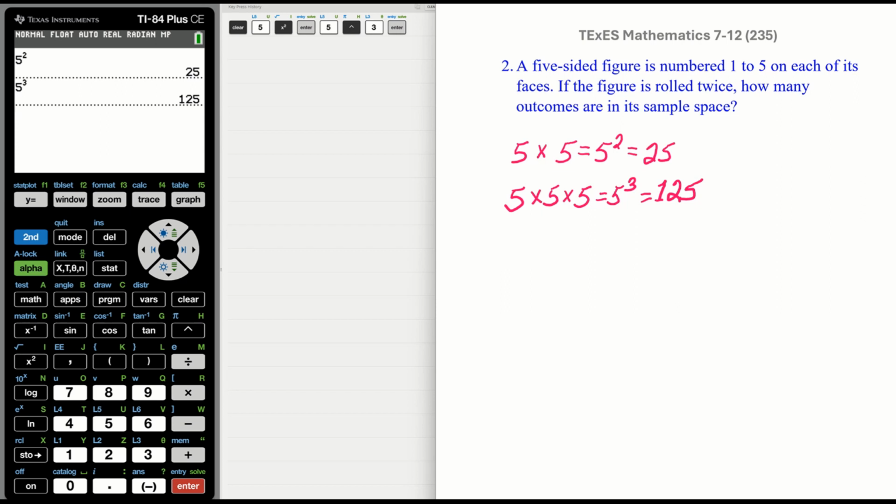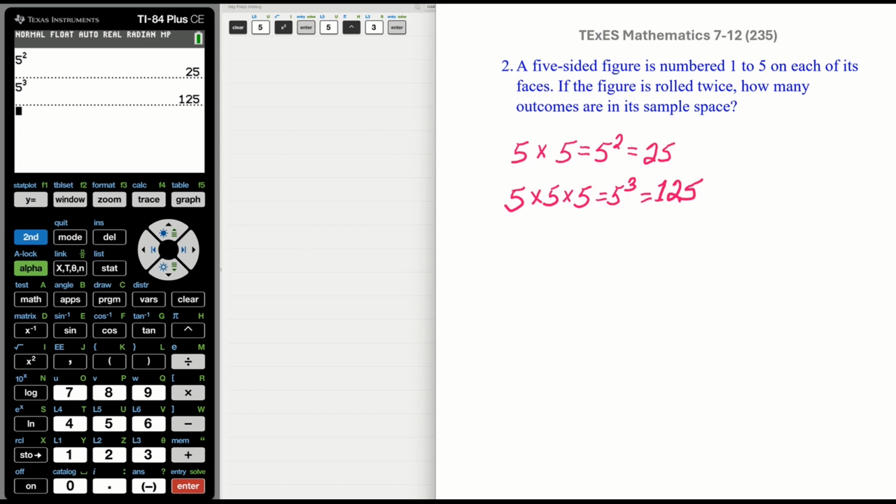Now let's say we roll 4 times. Before I write this down, let me make a point. When you roll a die, unlike drawing things out of a bag, no matter how many times you roll, that number of outcomes for each roll will never change.